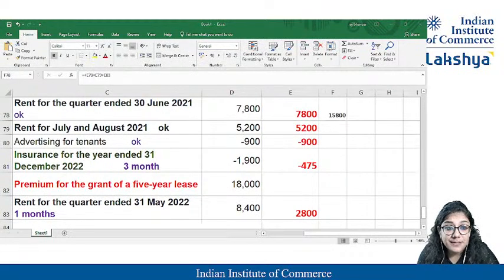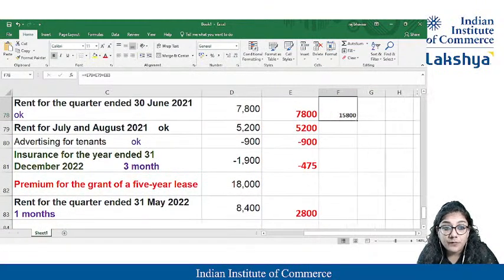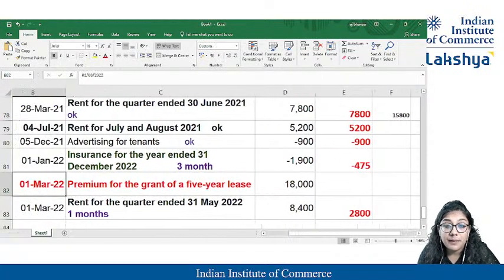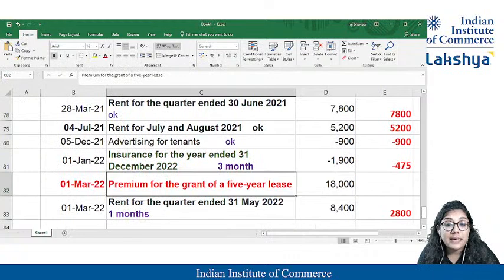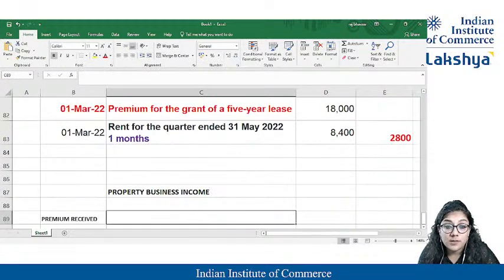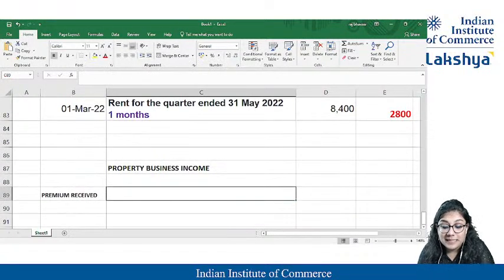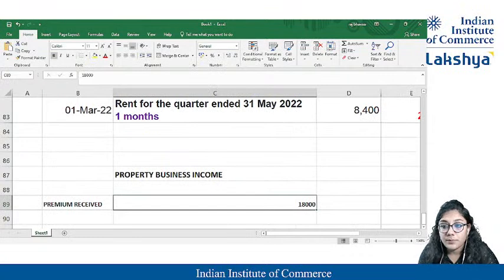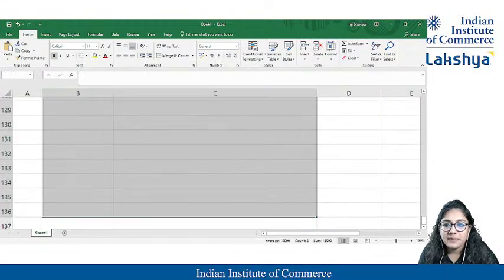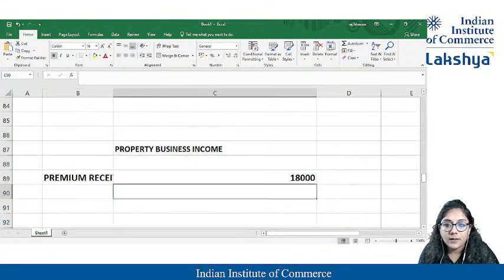Yes, ma'am, 15,800 is the rent that you got. What is the premium situation for the household? This is the premium I got: 18,000, but that is for leases. So can I book the premium that I got, 18,000, as premium received from the leases? Is it perfect now? Ma'am, not perfect. Okay, I'll make everything bold and bigger.